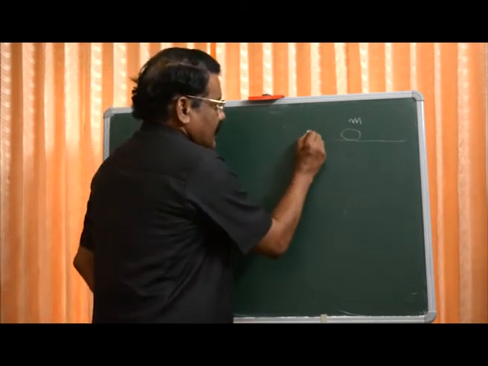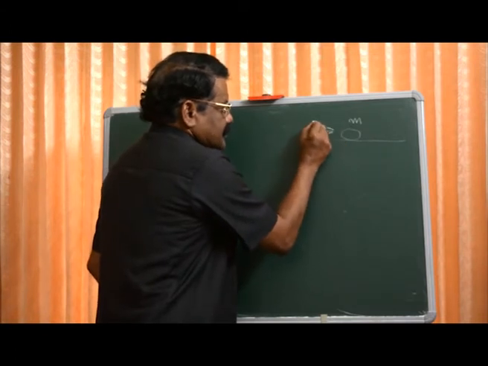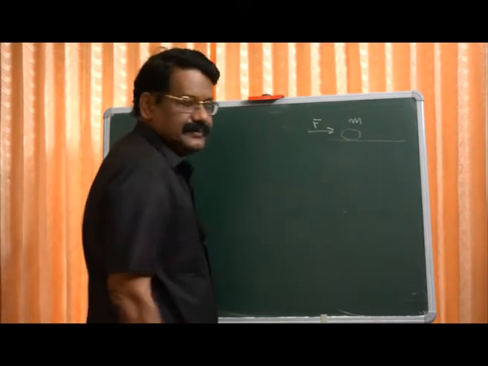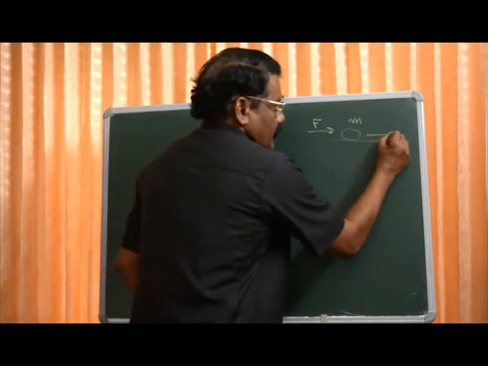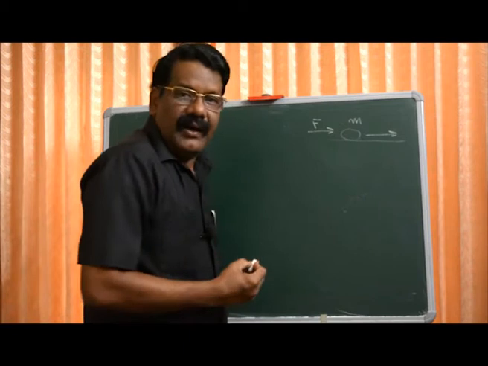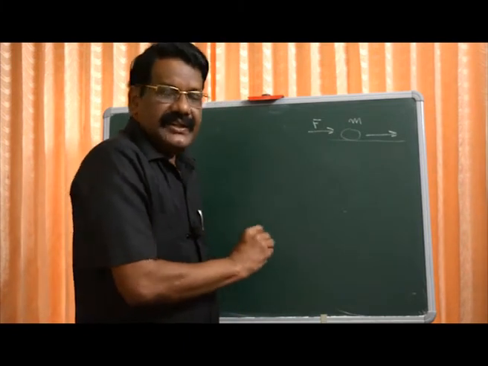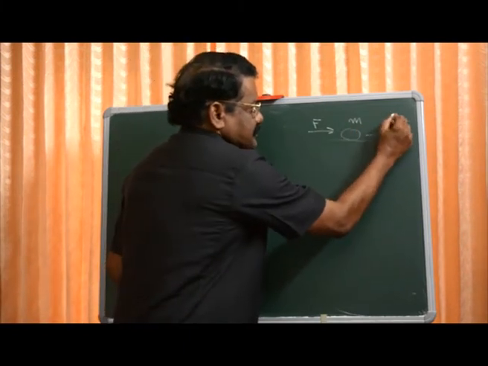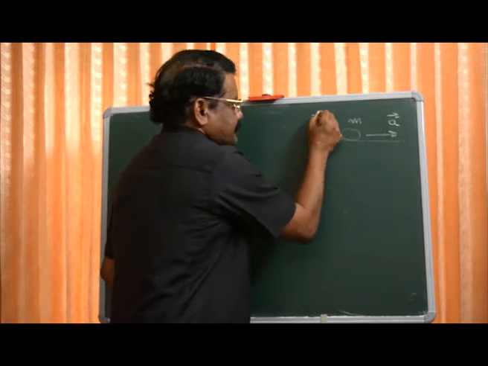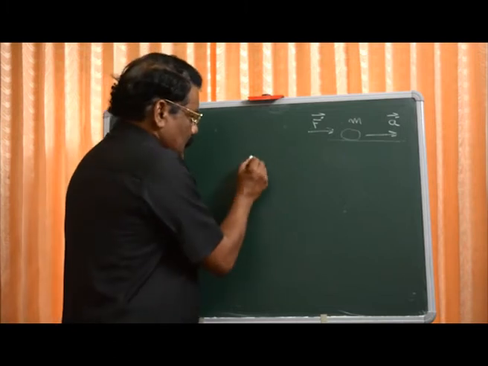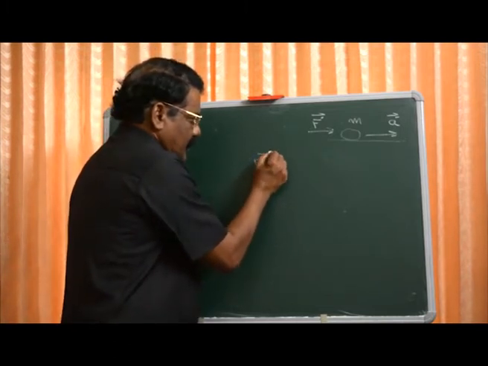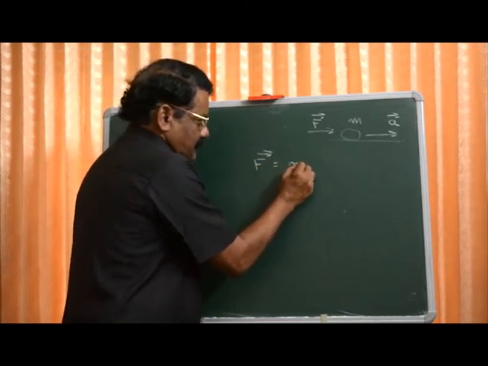Suppose I give a push to the ball with a force F. Everybody knows that the ball acquires an acceleration along the same direction. According to Newton's second law, we have F is equal to ma.